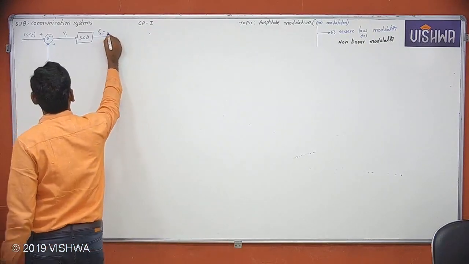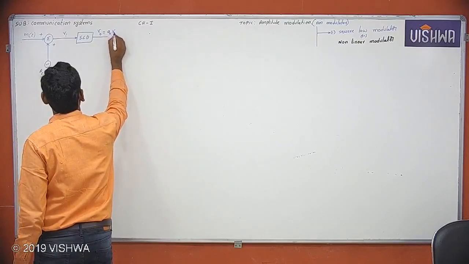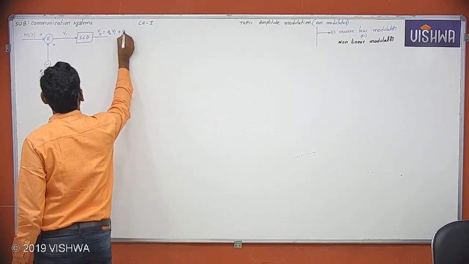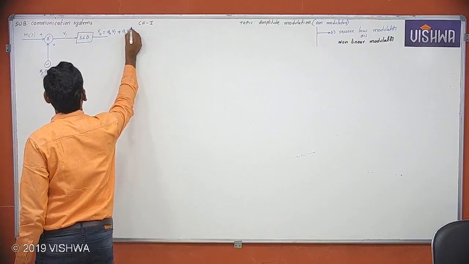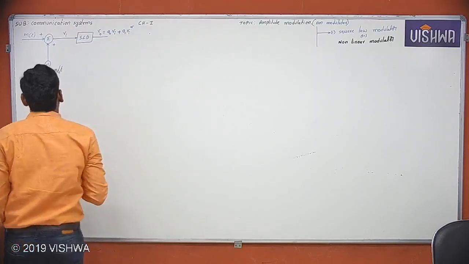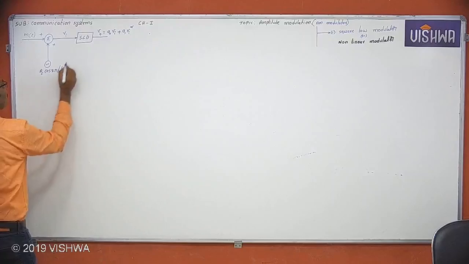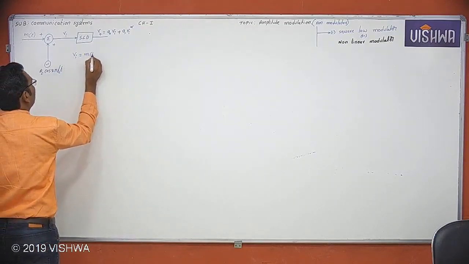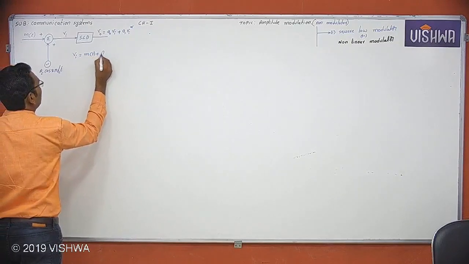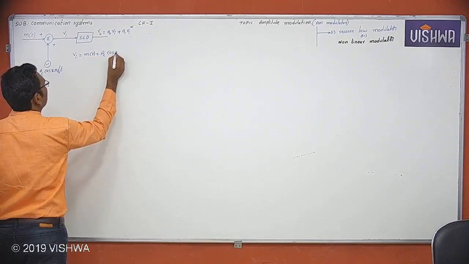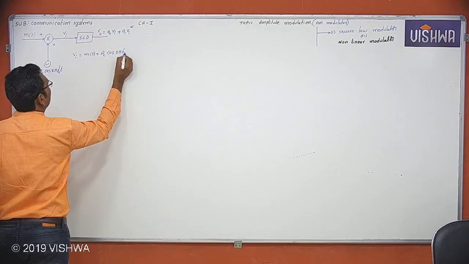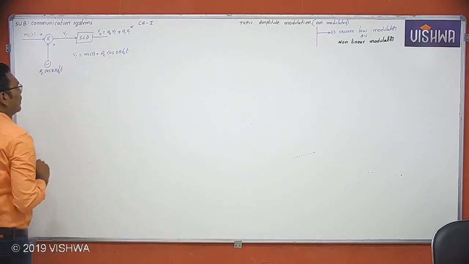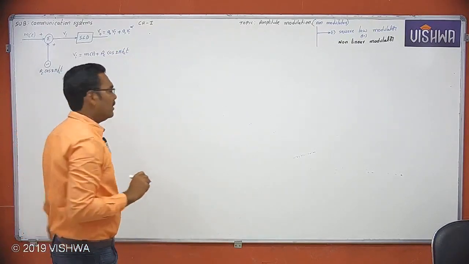This is a square law device: V naught equals A naught into Vi plus A1 into Vi square, where Vi equals m of t plus AC cos 2 pi fct.